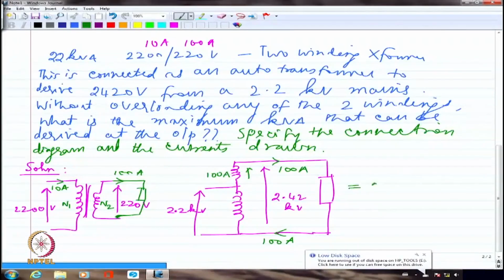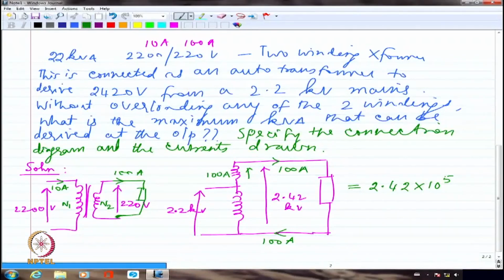Look at the discrepancy in the rating. What I was having originally was 22 kVA. Now what I am having is 242 kVA. It's such a large value that I am getting.